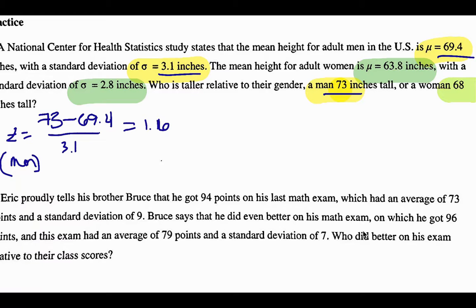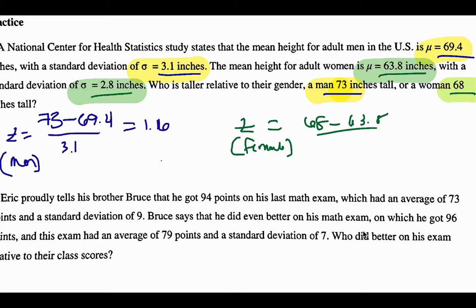Now let's do the female. Z for our female is equal to her height, which is 68 inches, minus the average height, which is 63.8 inches. And then we're going to divide that by the women's standard deviation, which is 2.8. When I put that in my calculator, it comes out right to 1.5.